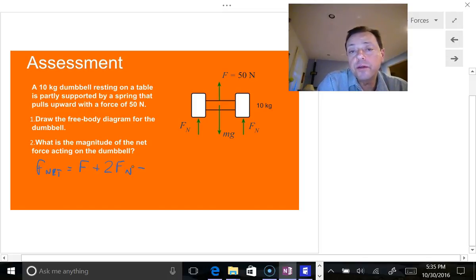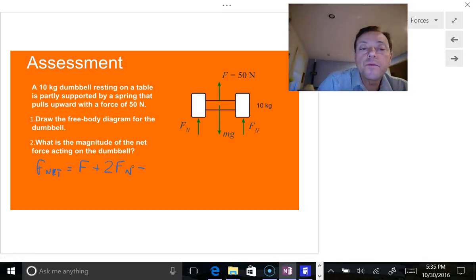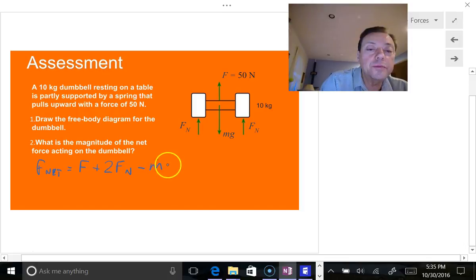If this is 10 kilograms times 9.8 meters per second squared, it's going to be minus 98 newtons.